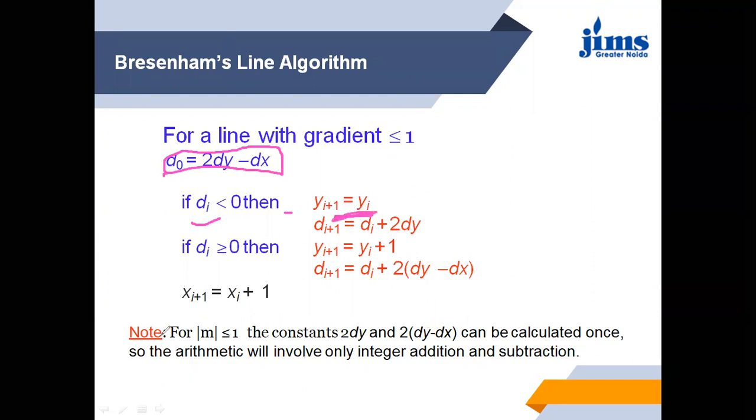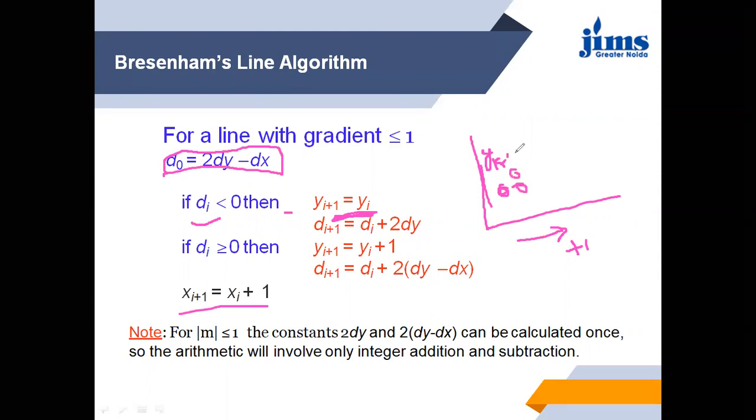Because this is constant, every time in this coordinate system I increase the value of x by 1, and I try to find out the value of y. Suppose my current value is yk. It can be the same value, or it can be the upper one.